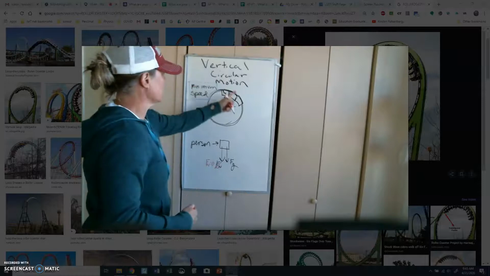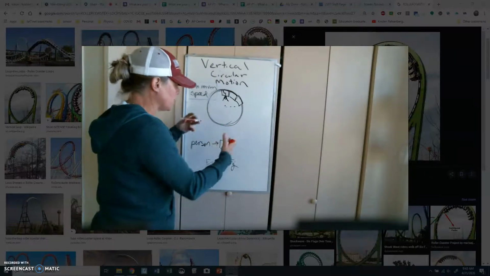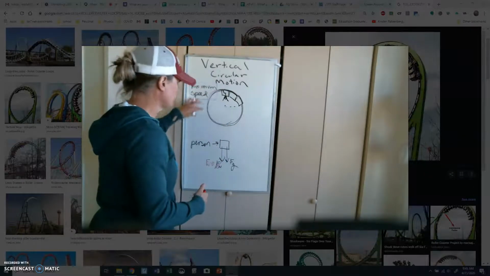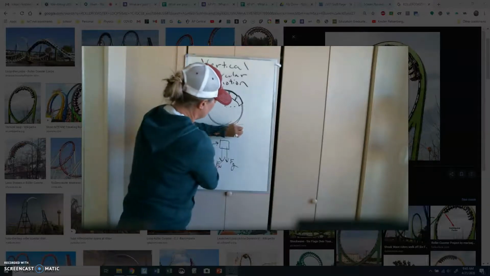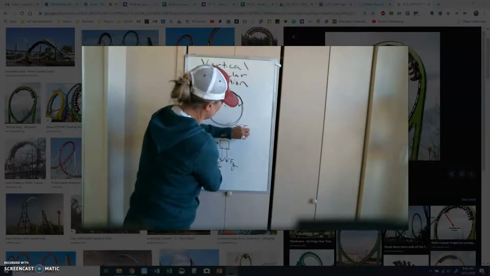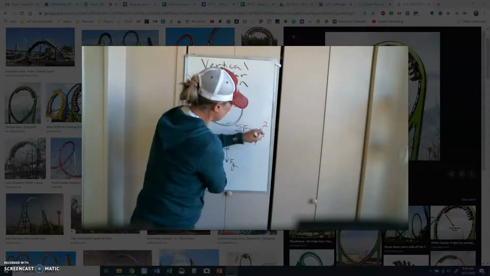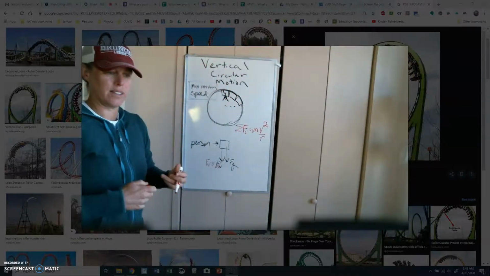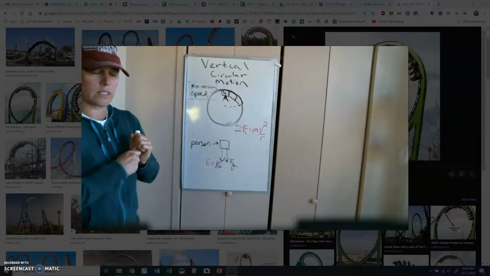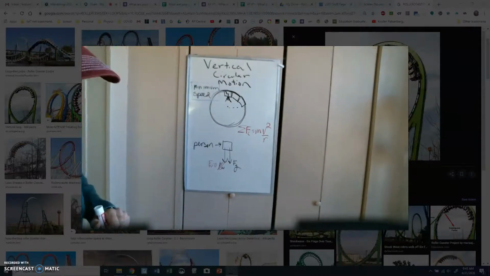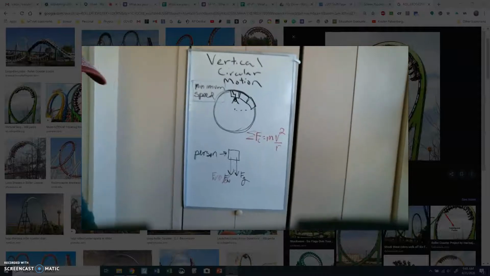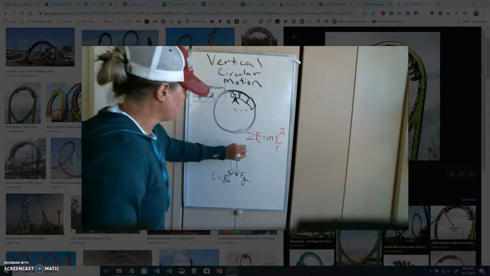Okay, so I'm just going to do the Newton's second law equation with centripetal force. So net force, right, centripetal equals mv squared over r. That v squared over r is a definition of that centripetal acceleration. Okay, and what are my forces?